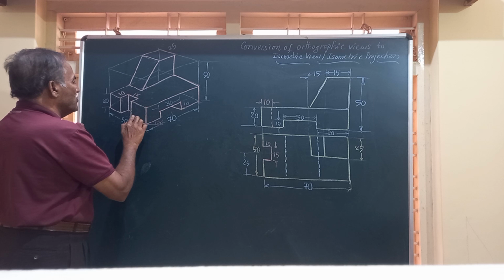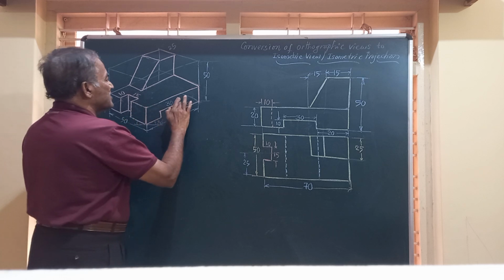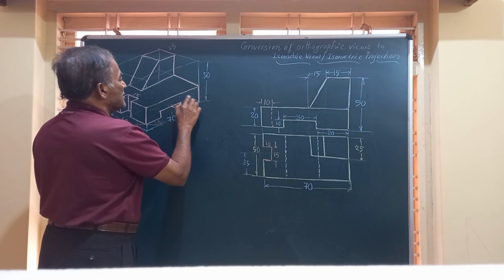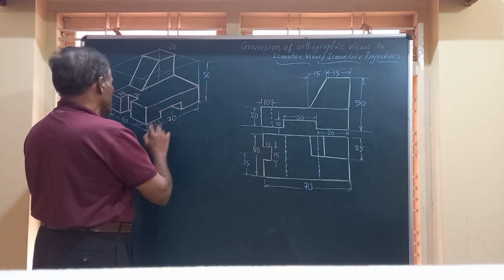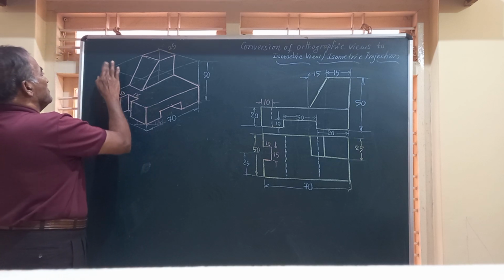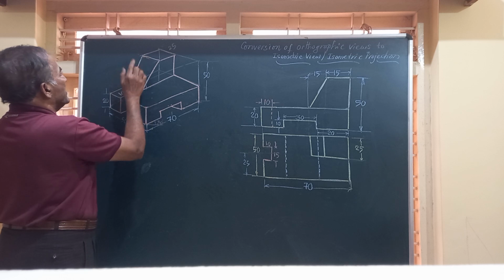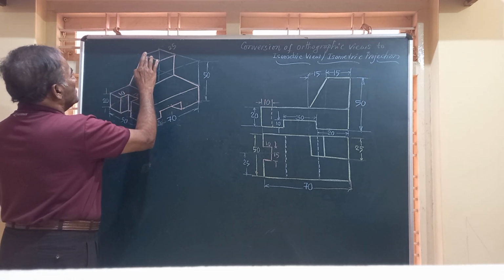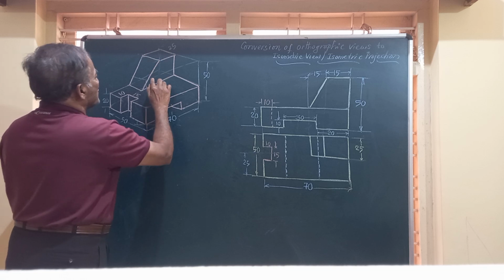So friends, I will remove all these unwanted lines here. You can see this is getting a better view compared to the one we had with all these construction lines. But if you want to retain these construction lines, friend, you have to show it by very thin lines, just visible to you.